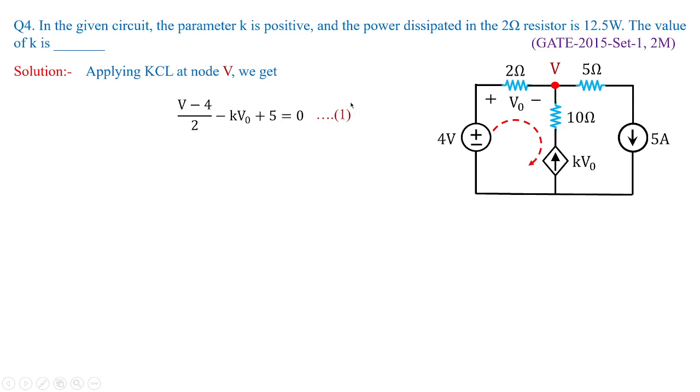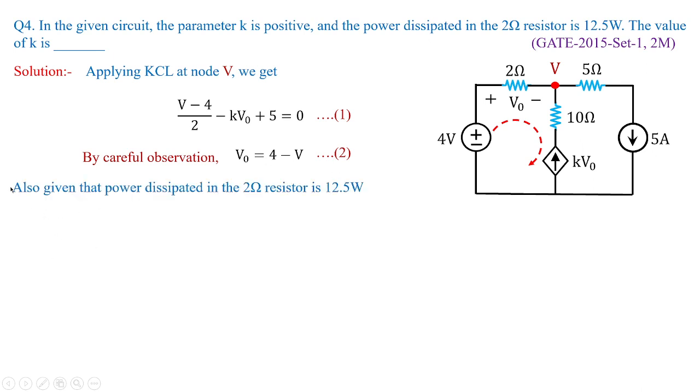I'm treating this as equation 1. I have taken this dotted arrow in clockwise direction so that I'll be getting minus 4 plus V naught plus V equivalent to 0. By careful observation, V naught is nothing but 4 minus V. I'm treating this as equation 2.